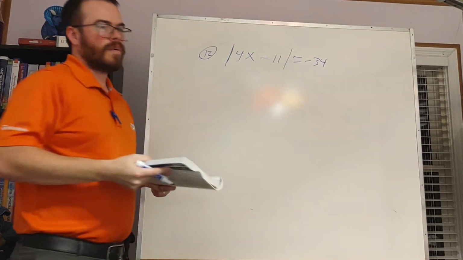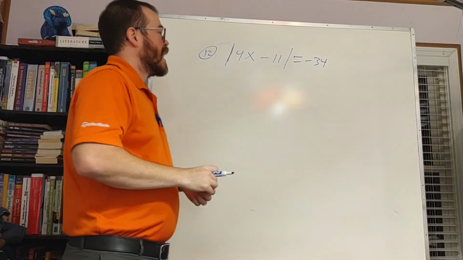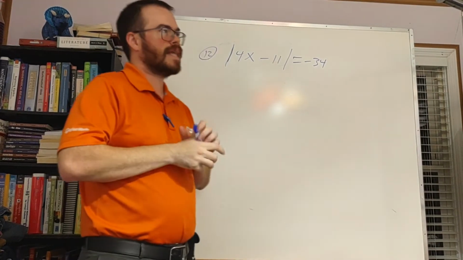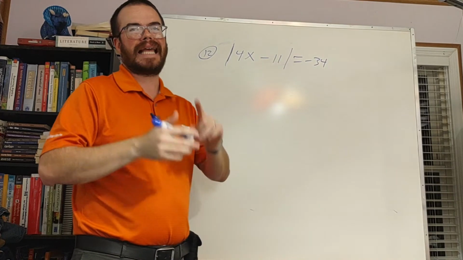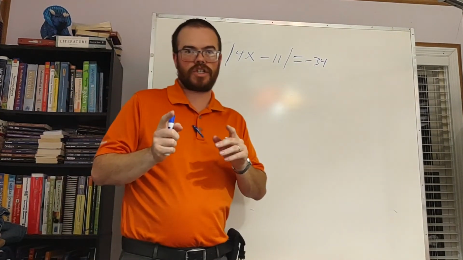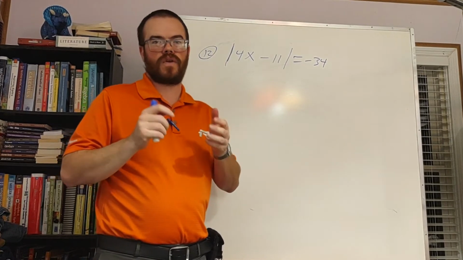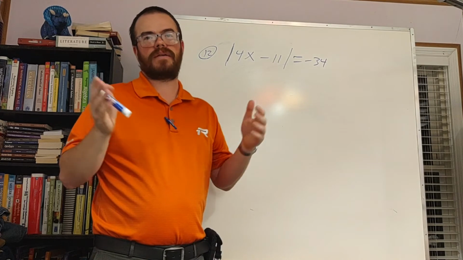Okay, so we want to think about this for a second before we hop in and start working on it. Remember we said that the absolute value of whatever we're talking about must be positive, because the definition of absolute value is the distance from a number to 0. So a distance must be positive.